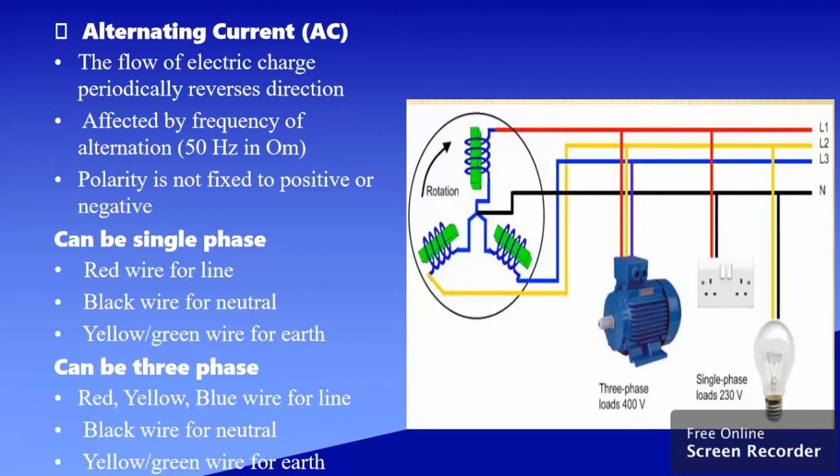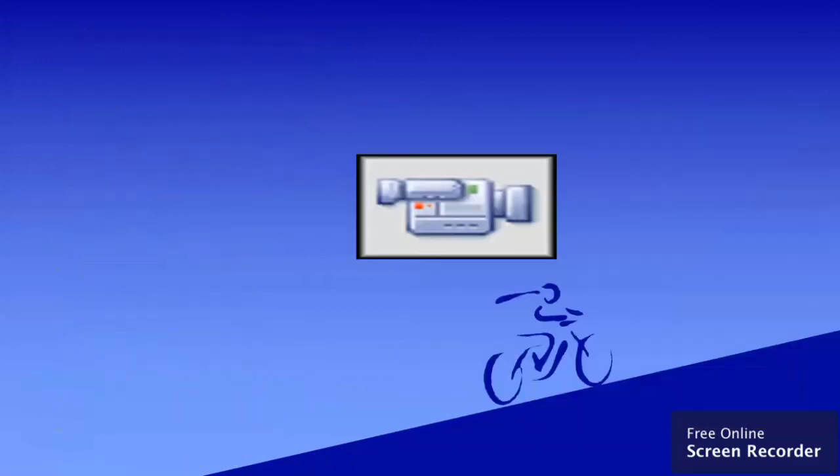The electric system can also be three phase, and the load is 400 volts. The colors for the live wires are red, yellow, blue. Black wire is for neutral, yellow and/or green wire for the earth. Alright, that's all. Thank you.